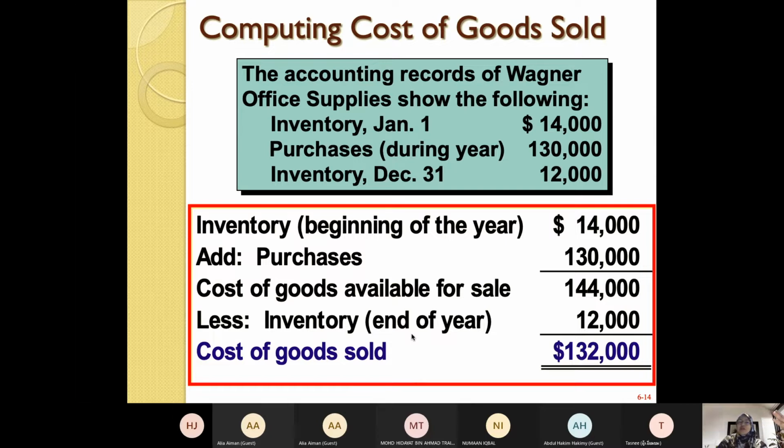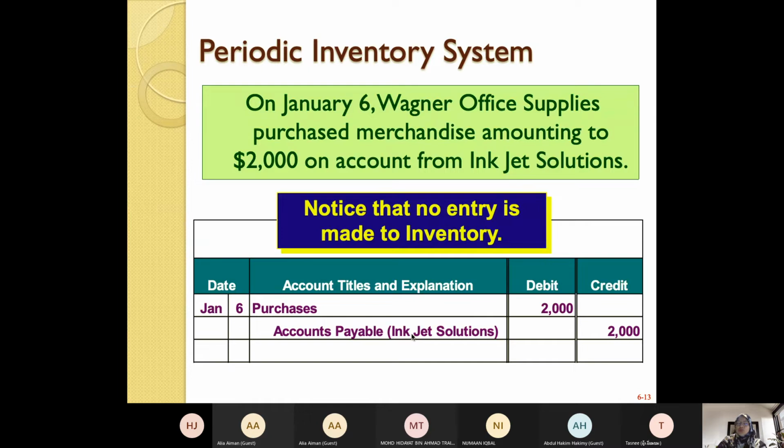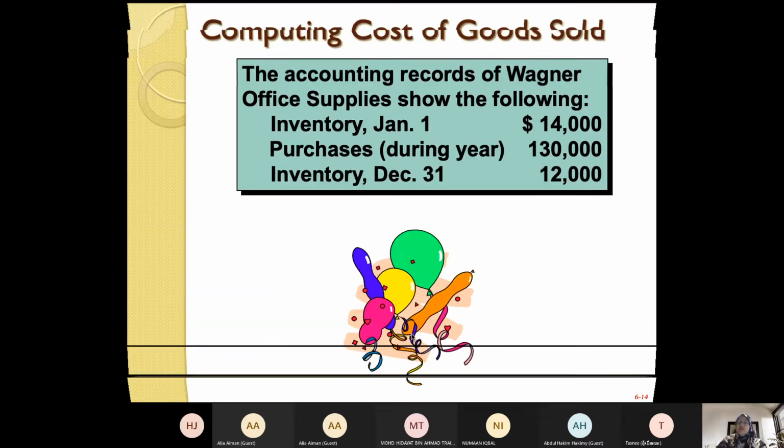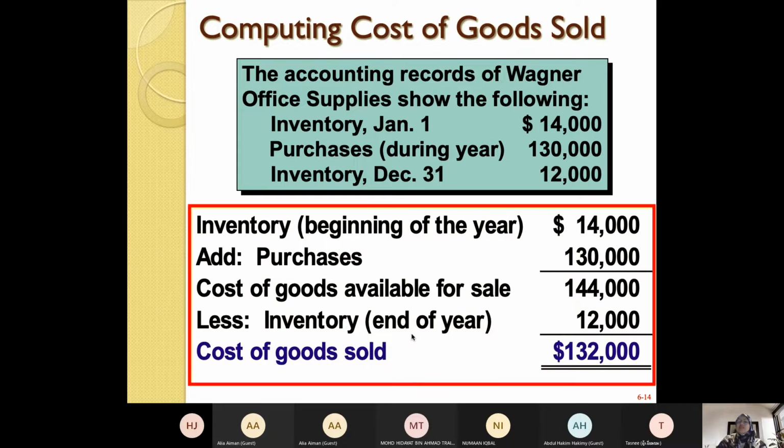You have inventory at the beginning of the year of 14,000. And during the year, you make purchases. Remember just now you debit your purchases. So throughout the year, you compute how much your purchases made during the year are. In this case, you have purchases of 130,000. And because it is periodic, whether you like it or not, you must do a stock take, because the physical count will tell you your inventory at the end of the year.